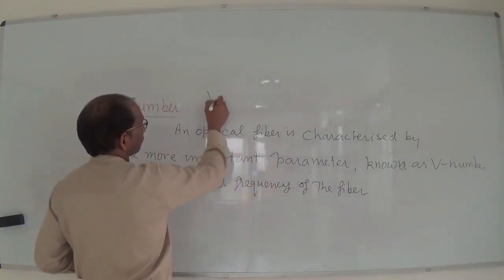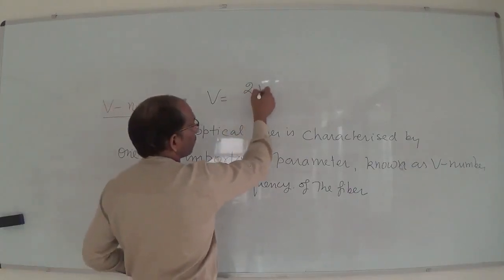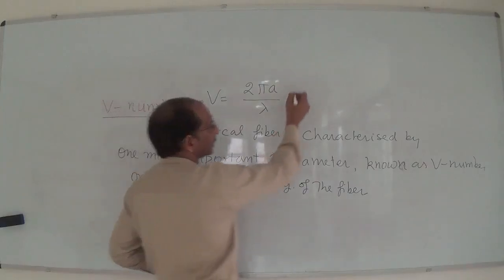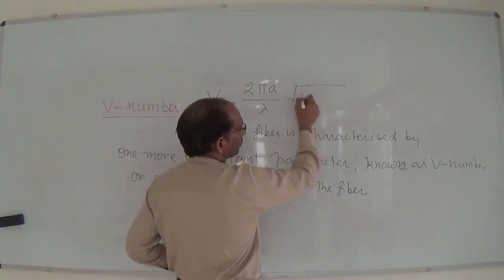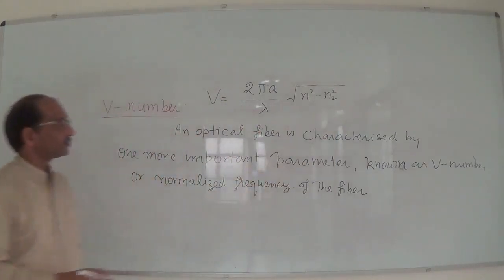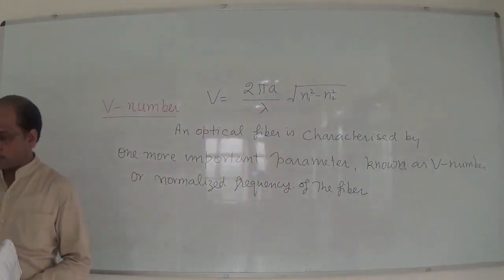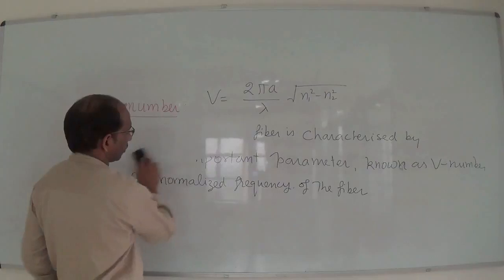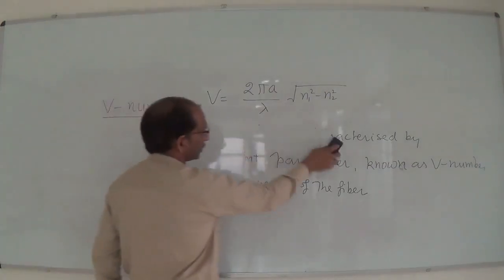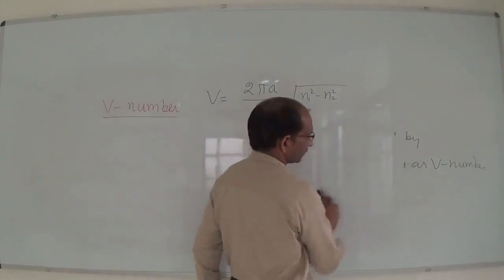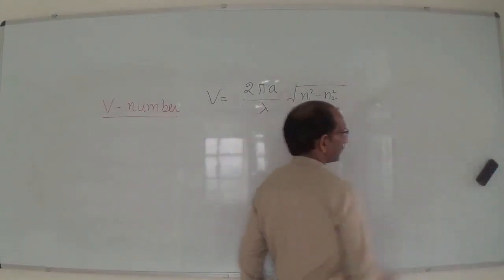This V number is defined by 2 pi a upon lambda into the square root of n1 square minus n2 square. So this V number has all the information about the optical fiber. It includes the diameter of the core, that is 2a.